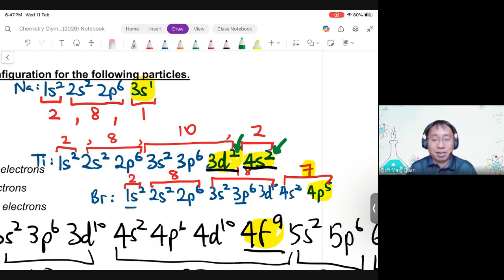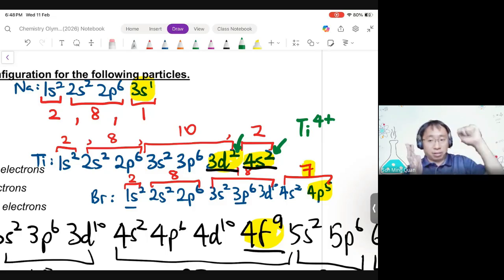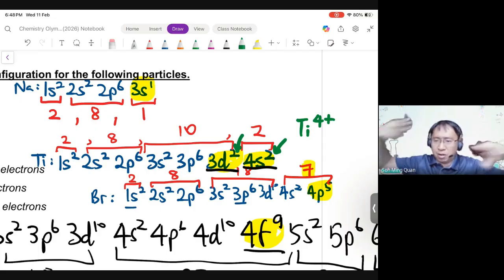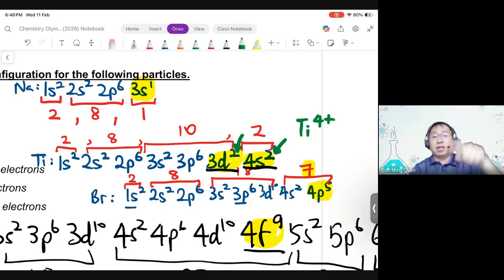So it can lose up to 4 electrons. That's why titanium forms 4 plus. Why 4 plus? Remember we said just now, lose electron, become positive. Because you lose the negative things in your life, you become positive. If I lose 4 electrons, 4 plus.